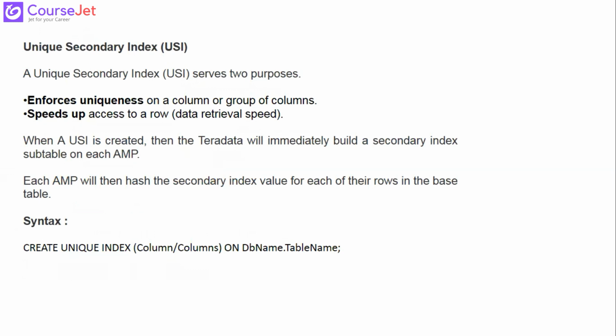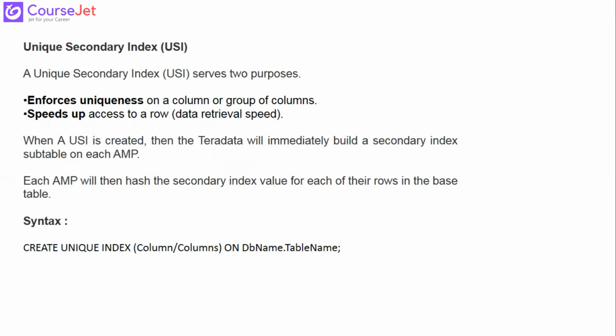The first one is the unique secondary index. This enforces uniqueness in the column or group of columns which we specify. It also speeds up data access and retrieval. As I said earlier, whenever we create a secondary index, Teradata will immediately build a secondary index subtable on each AMP.